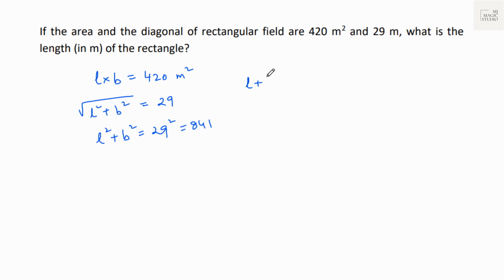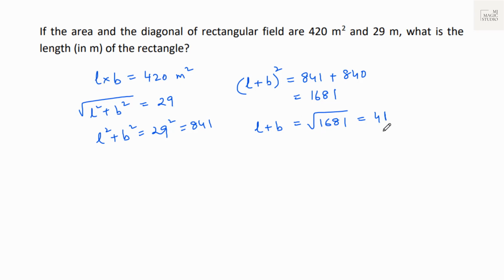Now (L plus B) whole square is L square plus B square, 841, plus 2 into LB, that is 840, which will be 1681. So L plus B comes out to be root over 1681, which is 41 square, so L plus B is 41.